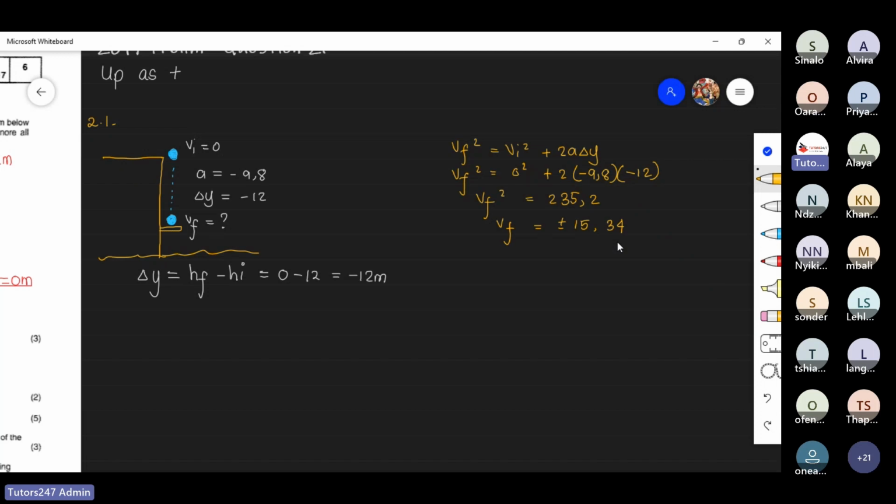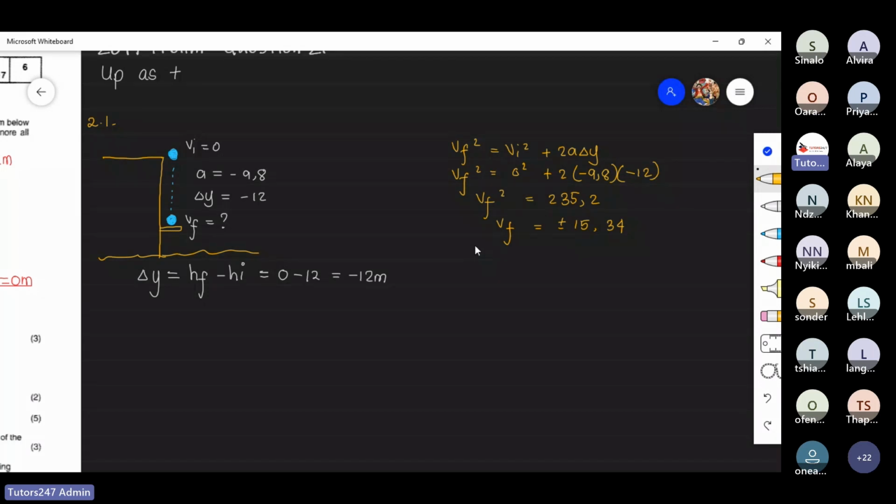Now, as I mentioned previously when we first started with this question, our object is moving in a downwards direction, which means our velocity just before the object hits the balcony is downwards. And we are taking upwards as positive, which means everything moving downwards is negative.